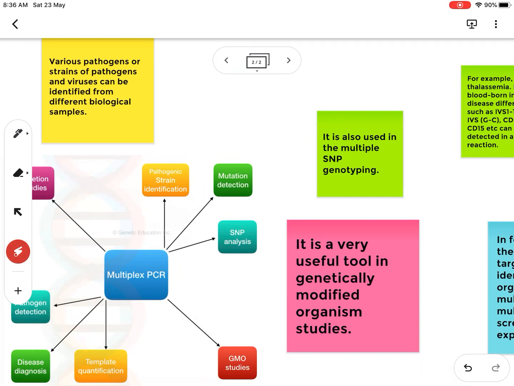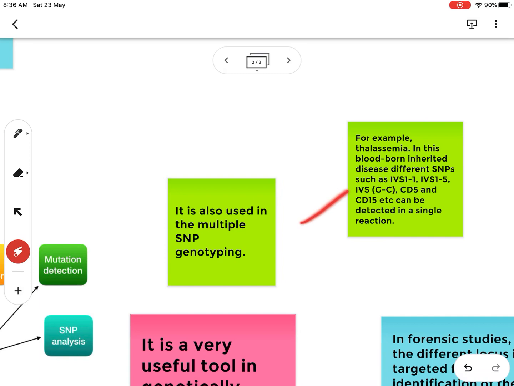Another use of multiplex PCR is in SNP analysis, that is the single nucleotide polymorphism. So it is also used in multiple SNP genotyping, for example the thalassemia.